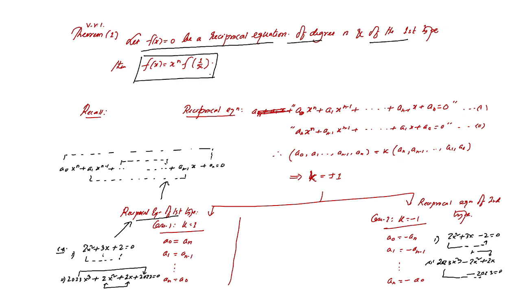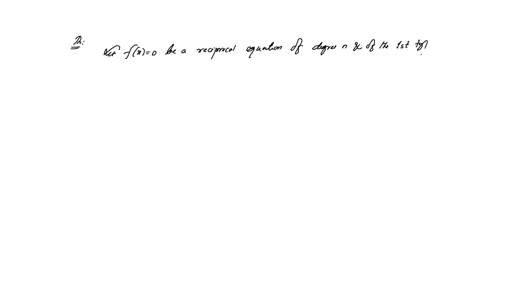Okay, so I am writing our theorem again: let f(x) equals 0 be a reciprocal equation of degree n and of the first type. Now you understood the meaning of the first type.